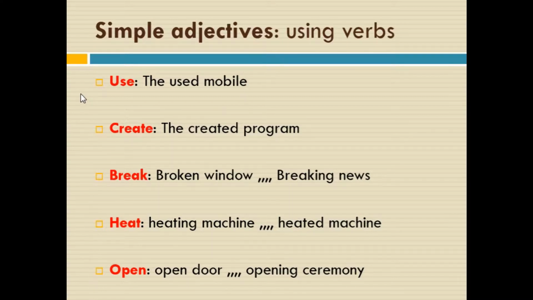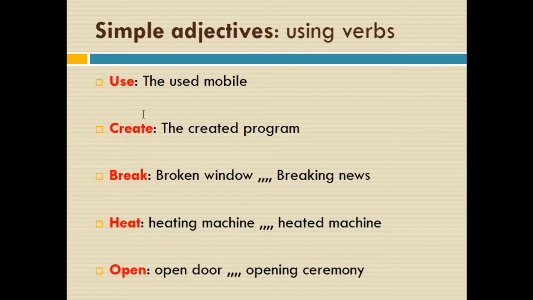But there's also another way of creating simple adjectives, right? And it is when you use a verb, you either add ing to it or ed to it, depending on the ending of the verb. So if you have an e, you only add a d, and you should be able to know that.